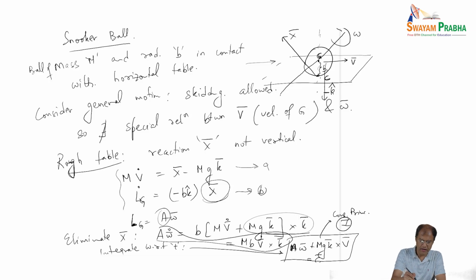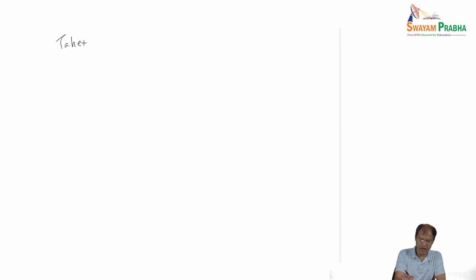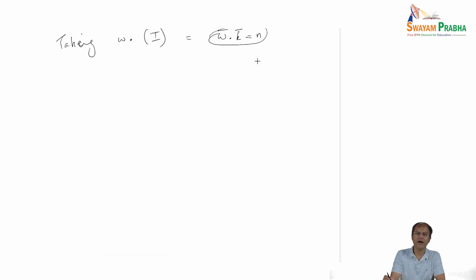So taking the dot product with respect to omega of equation 1, we get omega dot K is n, which is a constant, right? So again, from the conservation principle.